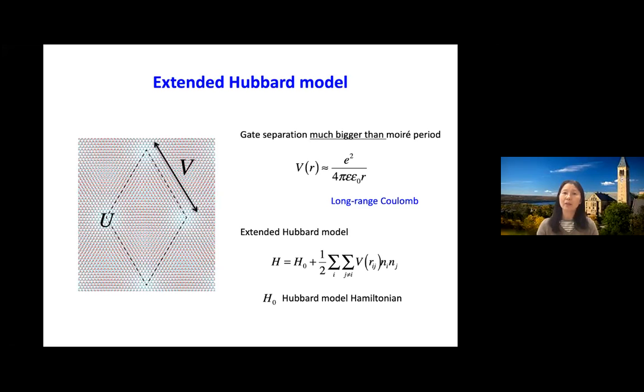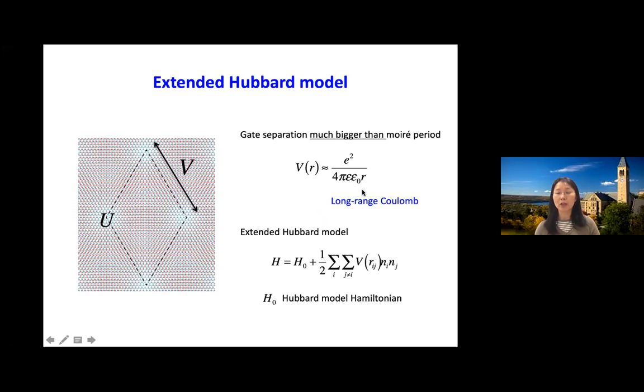So the complete model should be this extended Hubbard model. In addition to on-site Coulomb interaction, we can also have long-range. So what is the effect of long-range Coulomb interaction? For the on-site Coulomb interaction, we've seen that charges try to localize at each site, and they avoid double occupancy.